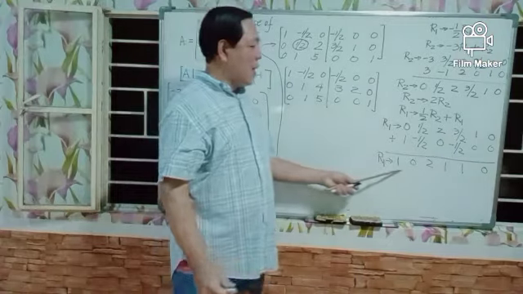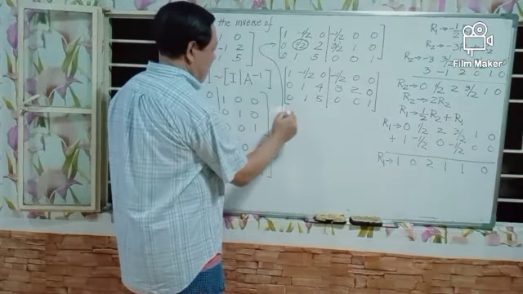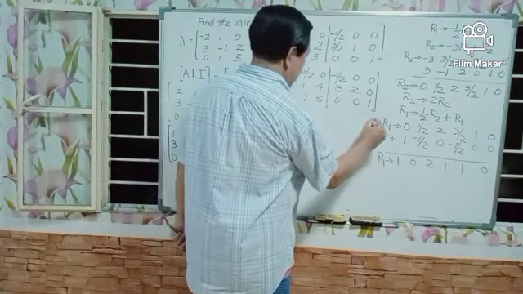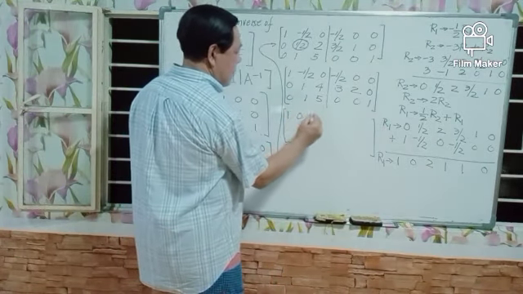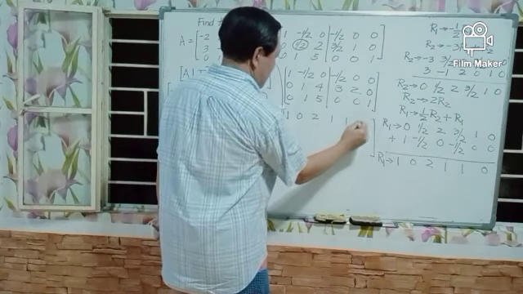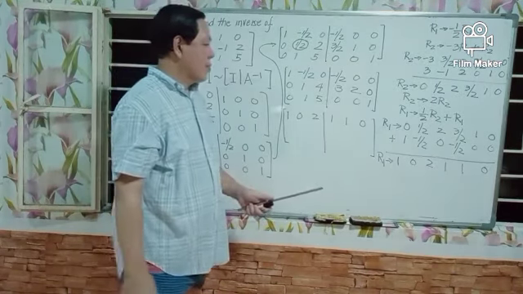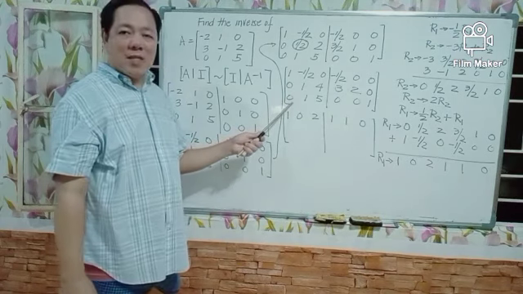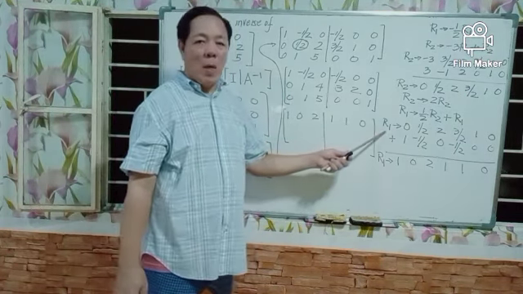And these are the new entries of row 1. The entries of the second and third rows are the same because we only operate on row 1.